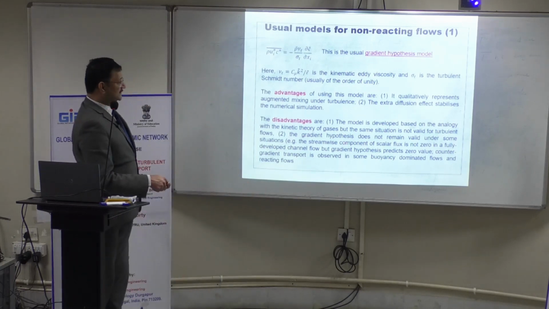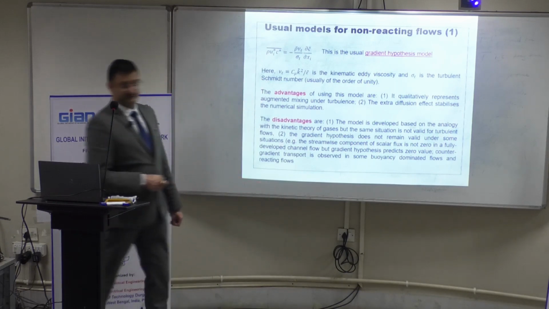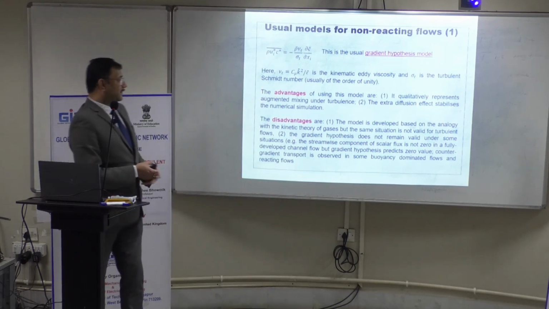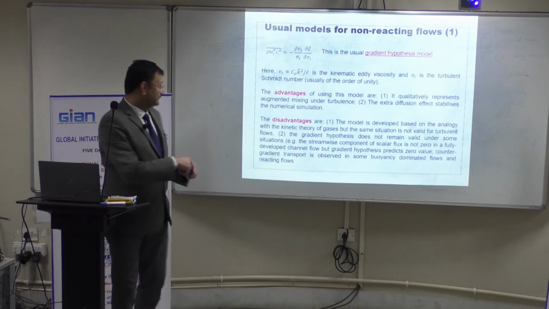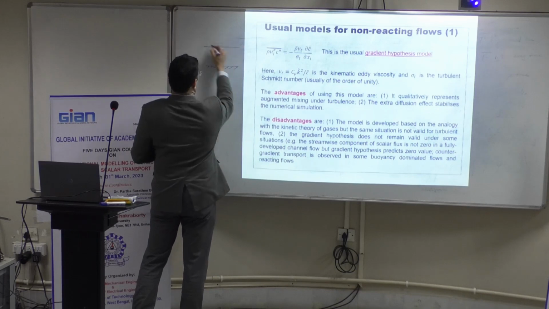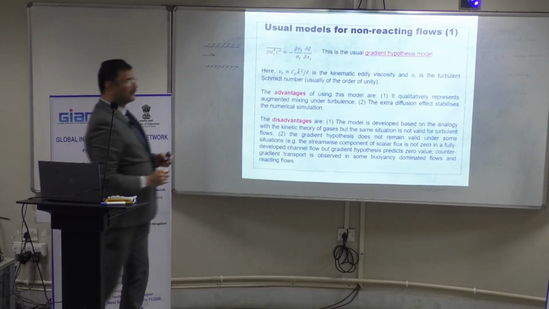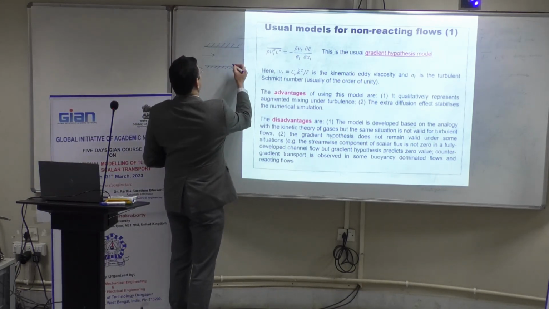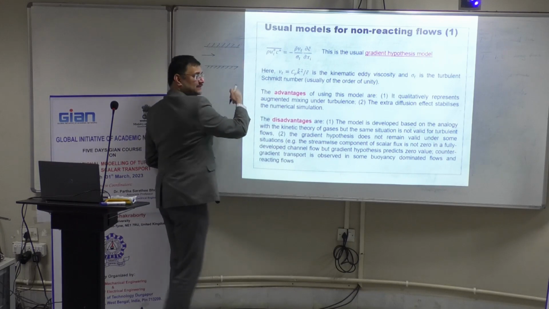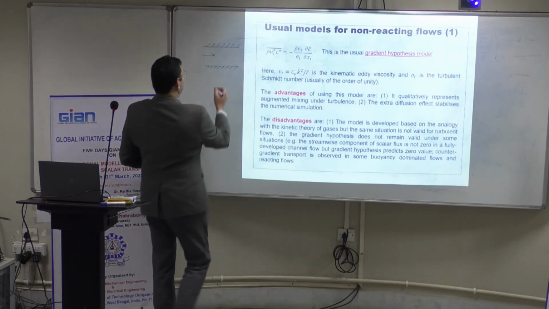The gradient hypothesis model does not remain valid under some situations. For example, let's say you have a fully developed channel flow. This is the streamwise direction, right? And you will perhaps consider that there is heat transfer within the channel.